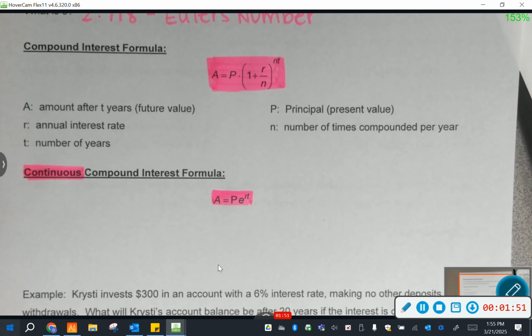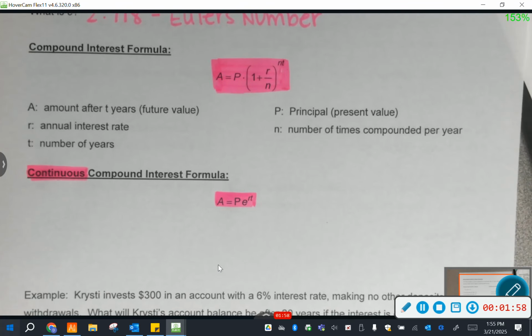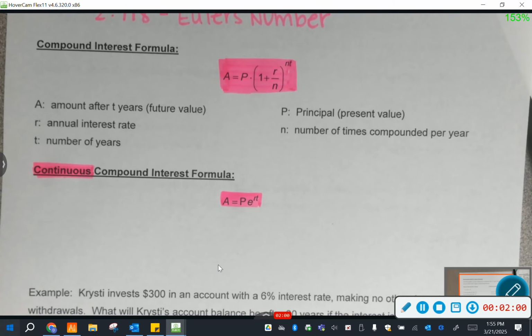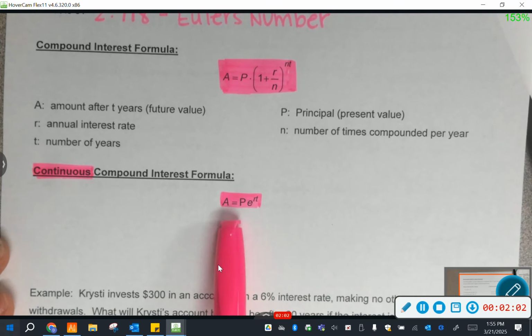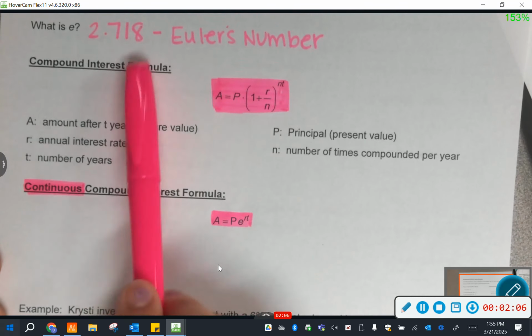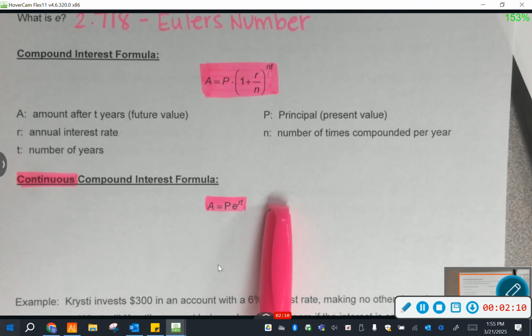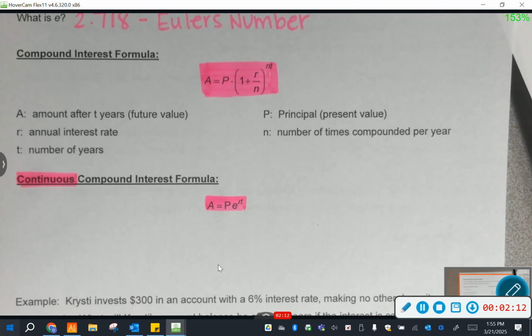Or as I like to say, PERT. If you can memorize PERT, you have half of the formulas memorized today. P is, again, still principal. E is the number 2.718, but we would just put E in the calculator. And then R is still rate, and T is still time.